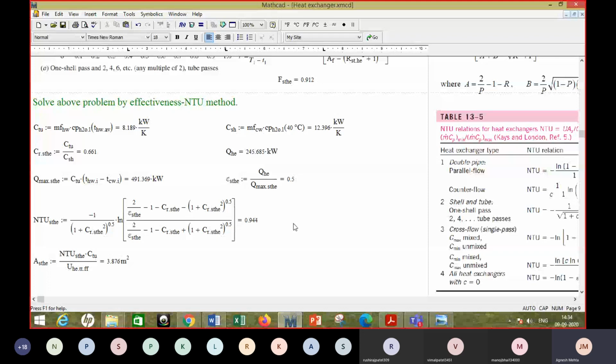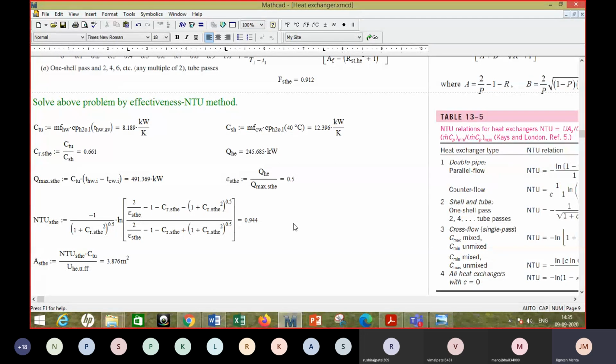But this method could have been applied in place of the LMTD method, say in case of the shell and tube heat exchanger problem also, which we have already solved, right?